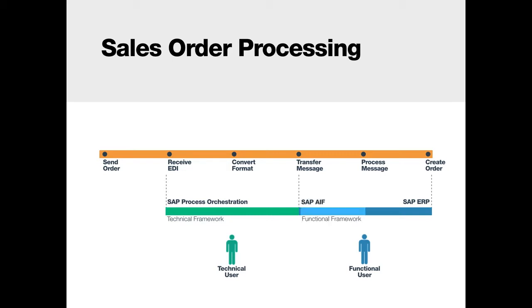The SAP Application Interface Framework provides those same advantages on the business system side. The framework here unifies the skill sets required to build, extend, and monitor the functional side of interfaces. And all of this independent of the underlying technology, such as IDocs, web services, or files.